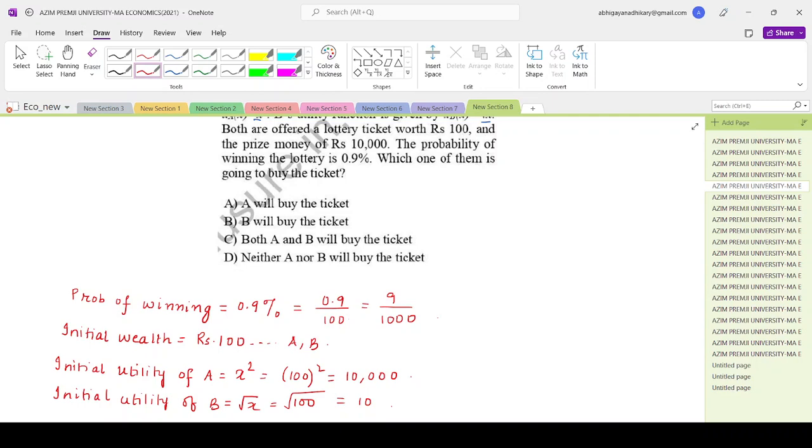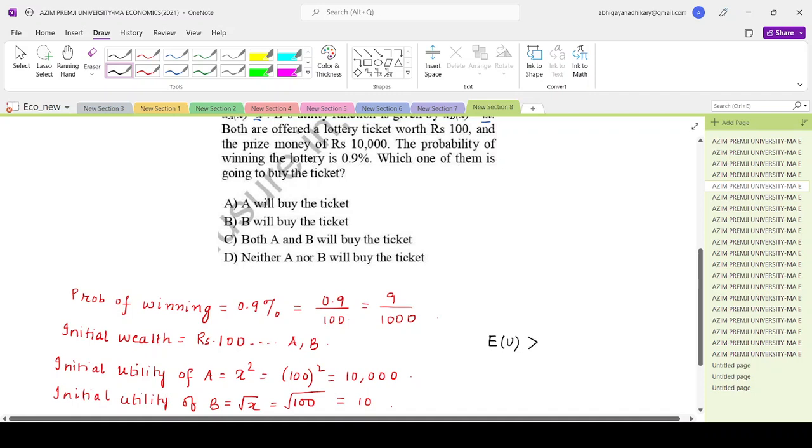Now, after taking the lottery, since they are expected utility maximizers, if the expected utility is higher than the initial utility, then only they will go in for purchasing the lottery. Otherwise, it's pointless. They could have just stayed with their 100 rupees. So this is the condition for purchasing the lottery.